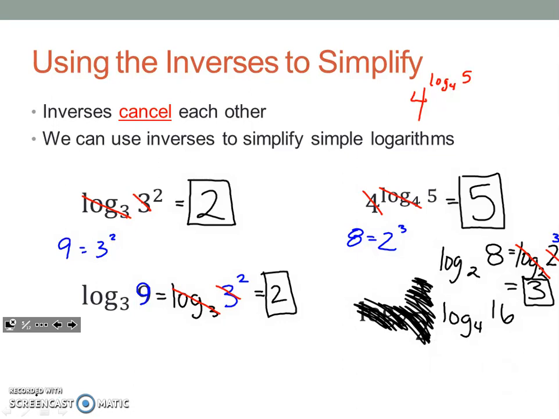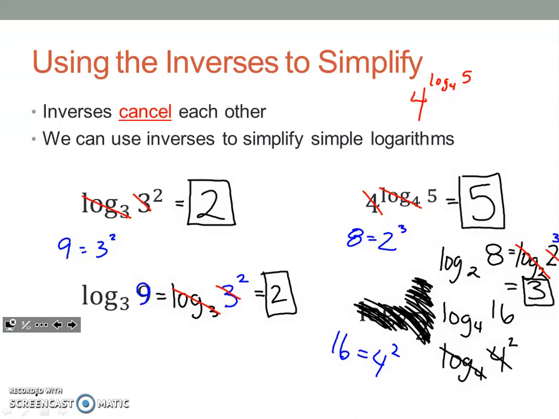Next one, I've got a log base 4 of 16. I need to rewrite 16 so that it has a base of 4. Okay? Well, 16 equals 4 to what power? Well, that could be 4 squared. So I can rewrite this as a 4 squared.